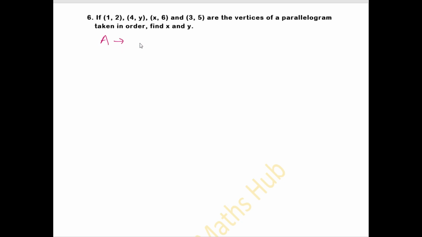Consider point A as (-1, 2), point B as (4, y), C as (x, 6) and point D as (3, 5). What we need to do is find the value of x and y.